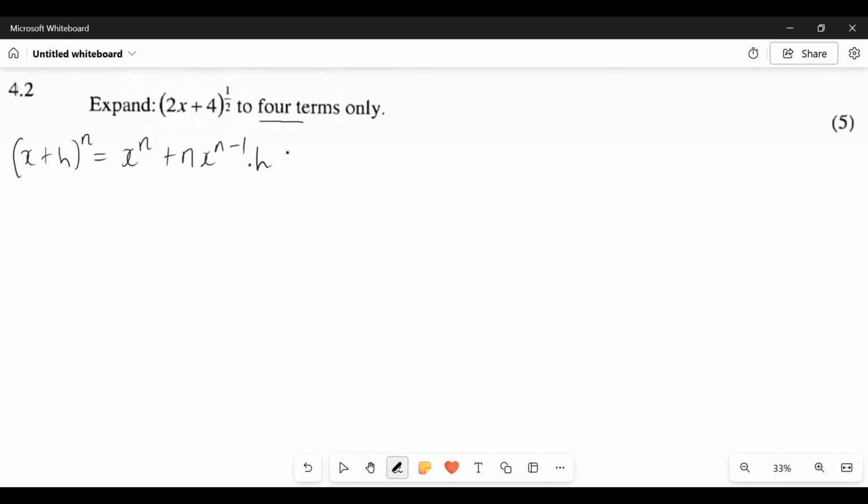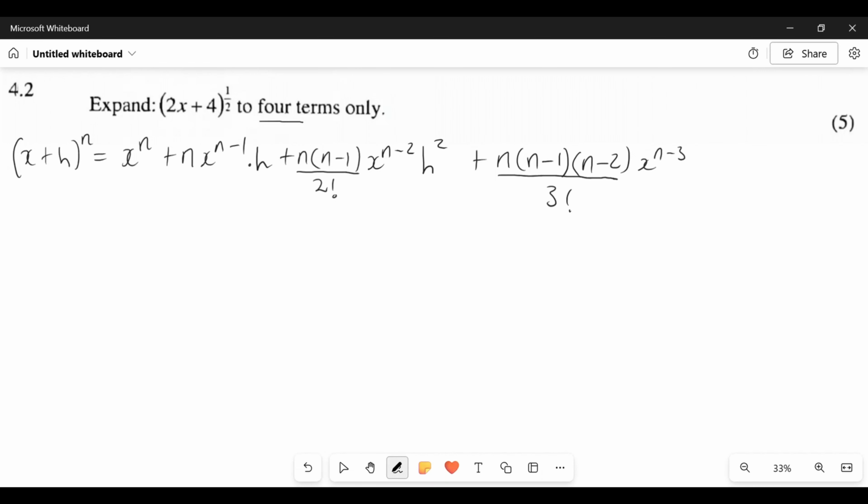And then the third term is going to be n multiplied by n minus 1 divided by 2 factorial, then we have x to the power of n minus 2, h to the power of 2. And then the fourth term, which is the last one, guys, is going to be n multiplied by n minus 1 multiplied by n minus 2 divided by 3 factorial, and then we have x to the power of n minus 3 and h to the power of 3.